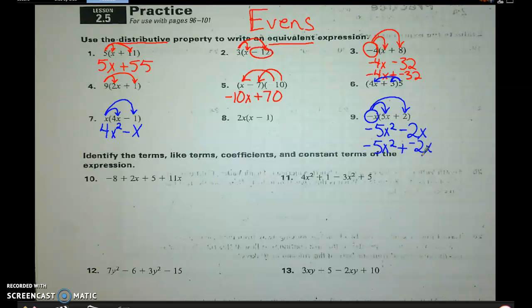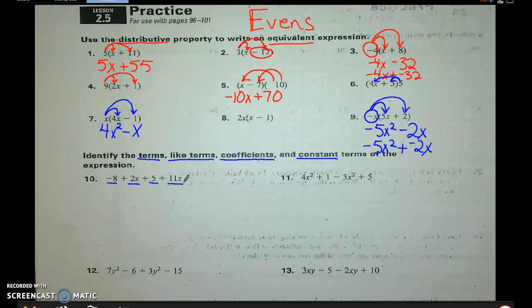Looking at our next section, we've got to identify the terms, the like terms, the coefficients, and constant terms of the expression. So when I look at this, looking at number 10, I can see really quickly that I have 4 different terms.